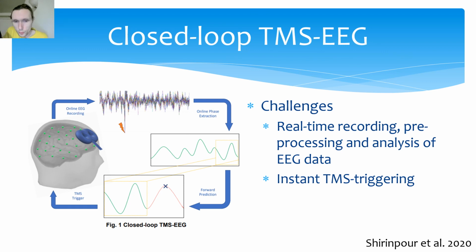So the difference between the green part and the red part here is about 2 to 3 milliseconds. So that's really cool, and in that way you are able to hit specific phases.